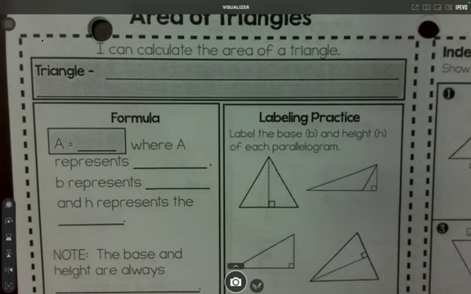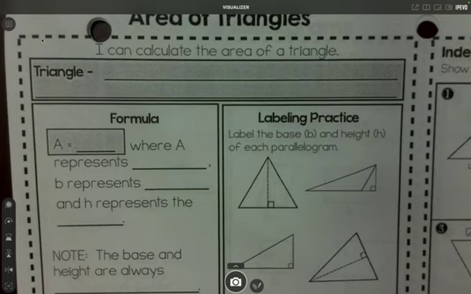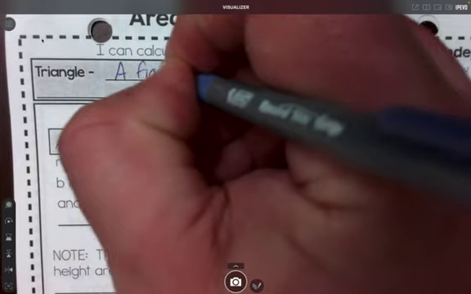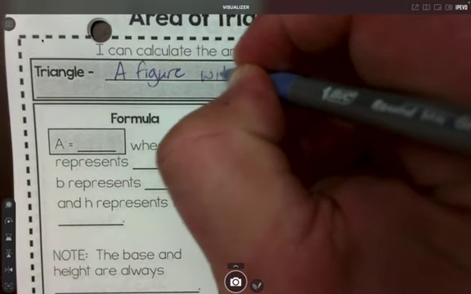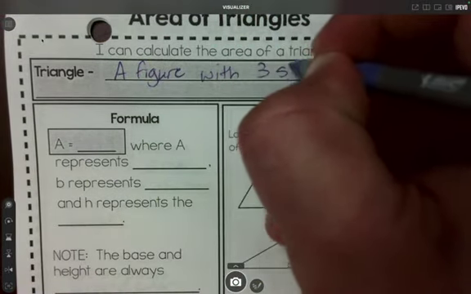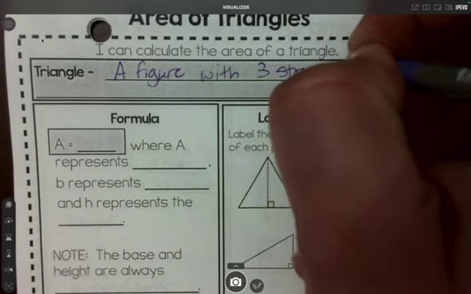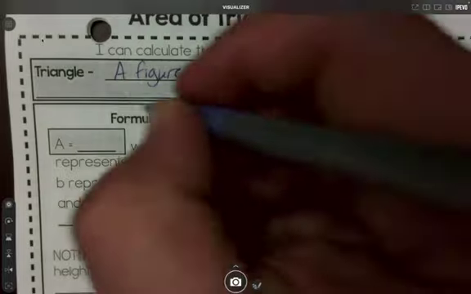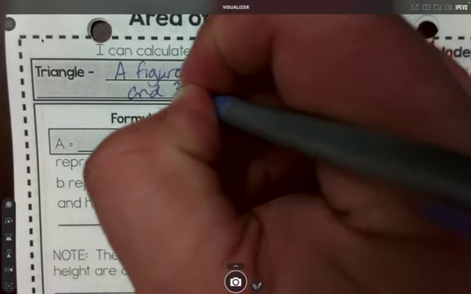So I think you've known what a triangle is for a long time in your life. But a triangle is a figure with 3 straight sides and 3 angles.